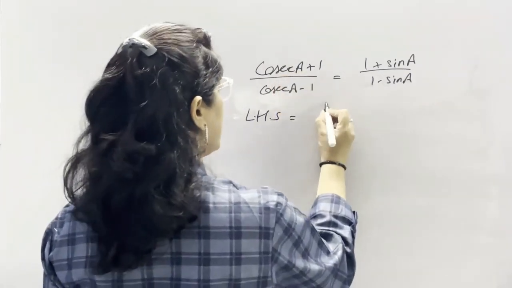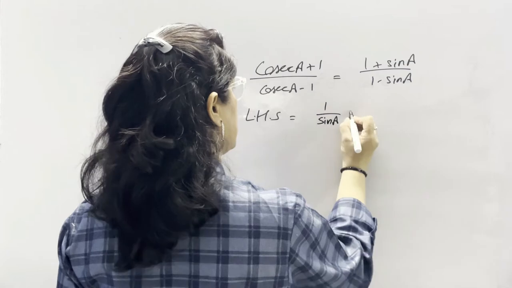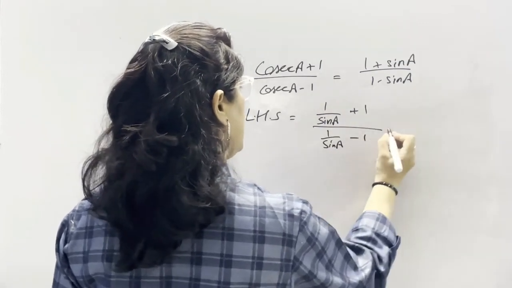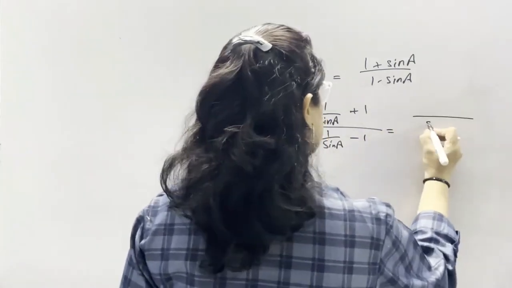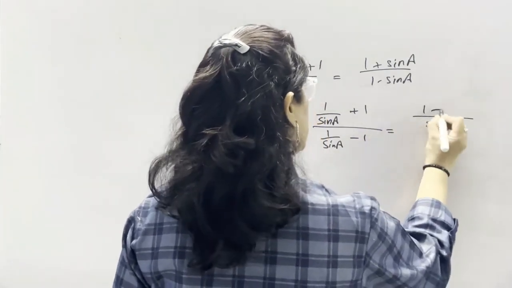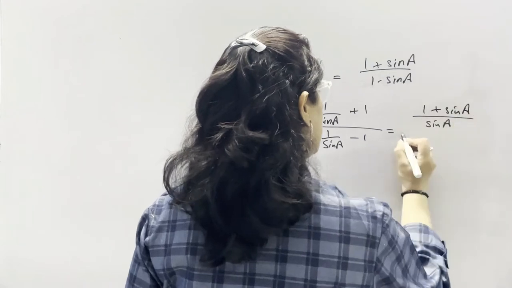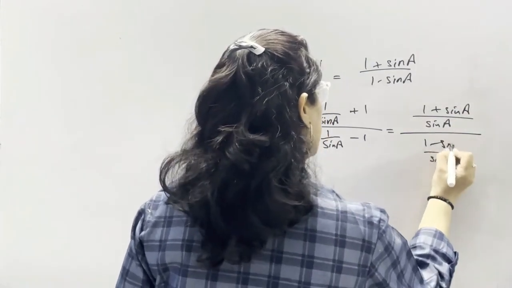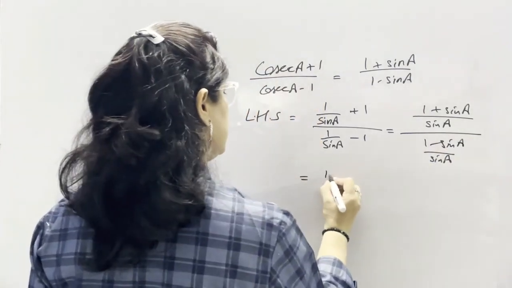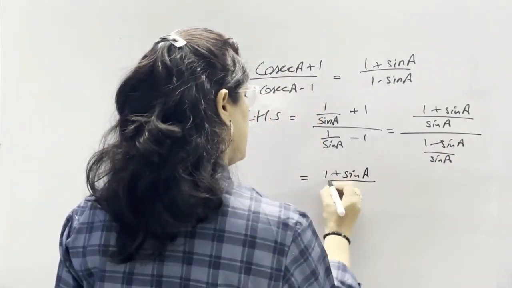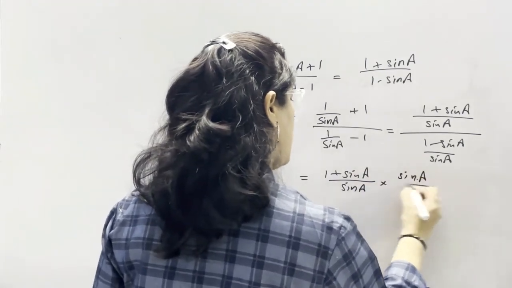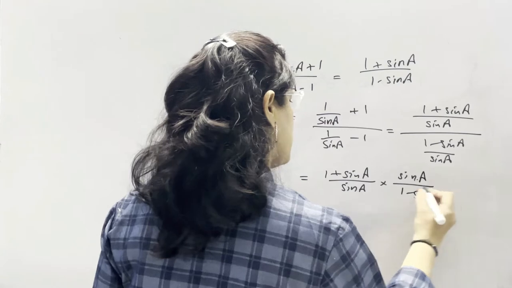Now, cosec is 1 upon sin A, so plus 1, and then again 1 upon sin A minus 1. Taking LCM of the numerator, it is 1 plus sin A. LCM of the denominator is again sin A, 1 minus sin A, then (1 plus sin A) upon sin A, multiplied by sin A upon (1 minus sin A).